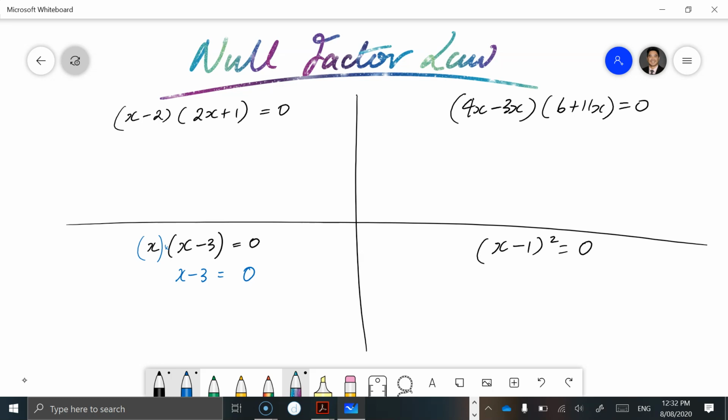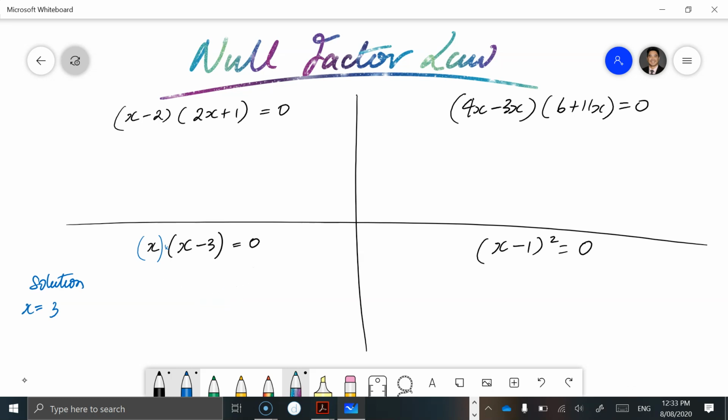So then you add 3 to both sides, and you get a solution of x equals 3.